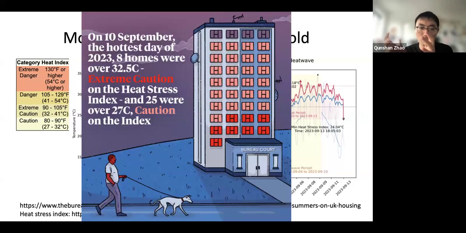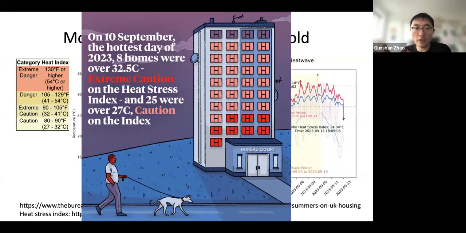On that day, September 10th, which I believe was the hottest day of the heat wave, 8 homes were over 32.5 degrees Celsius, which we treat as extreme caution.